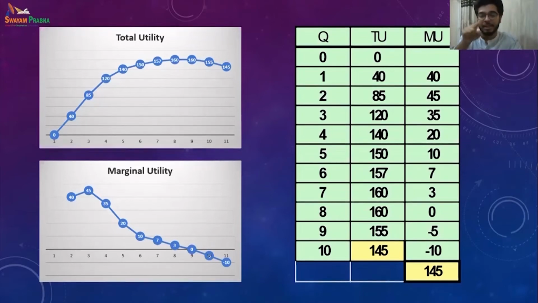Similarly, in the marginal utility graph, you can see that it is constantly falling down. It has increased and then continuously falls, on the 7th and 8th it has touched 0, and then on the 9th and 10th it has gone down to minus 5 and minus 10. So this is a simple example to understand how total utility first increases and then, after a while, decreases. And it varies. My amount of satisfaction from Rasgulla is completely different from anyone else's. Maybe you do not like Rasgulla, you like Laddu.